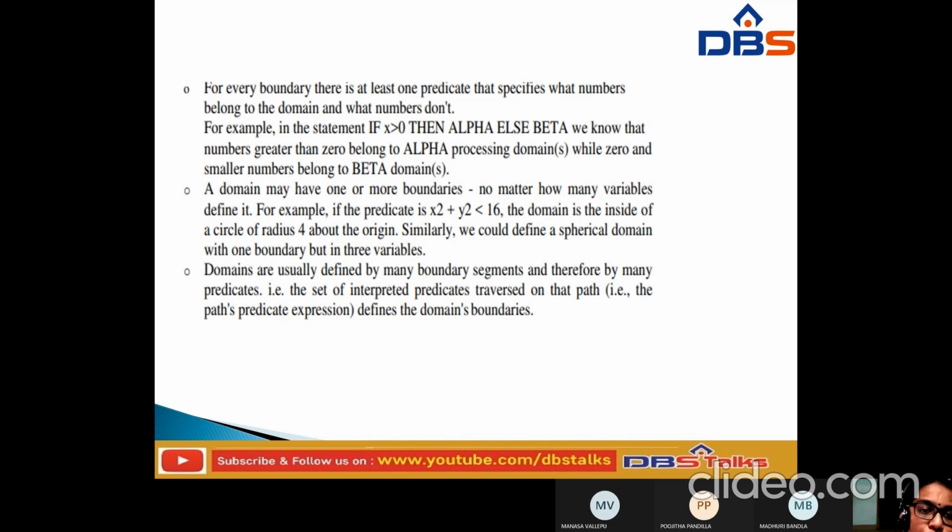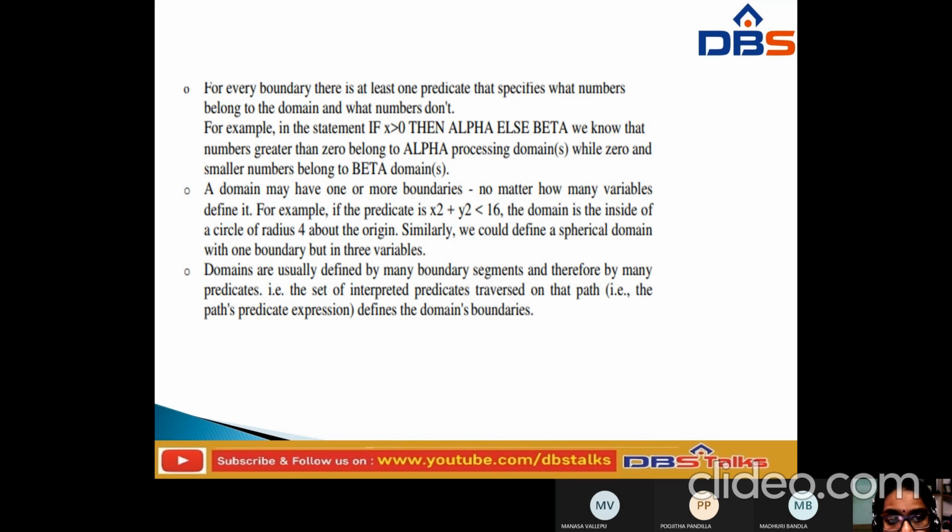See, this is a continuation of that. So for every boundary, there is at least one predicate that specifies which numbers belong to that domain and which numbers do not belong to that domain. For example, in the statement if x greater than 0 then alpha else beta, suppose alpha and beta are different types of sets.